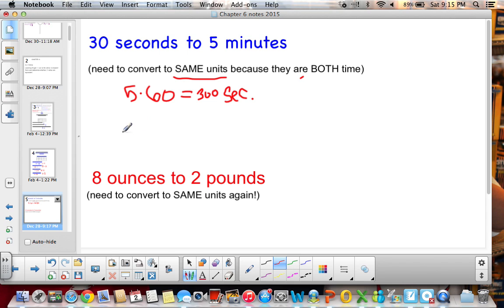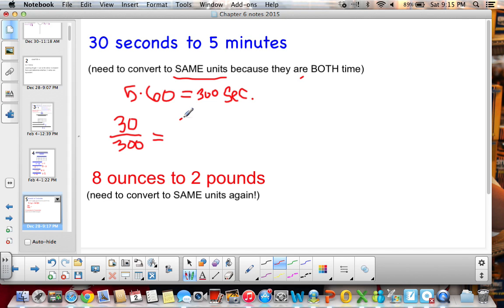So now we can write it as 30 to 300. And I know off the top of my head that they can both be divided by 10. So I'm going to divide both my numerator and denominator by 10.